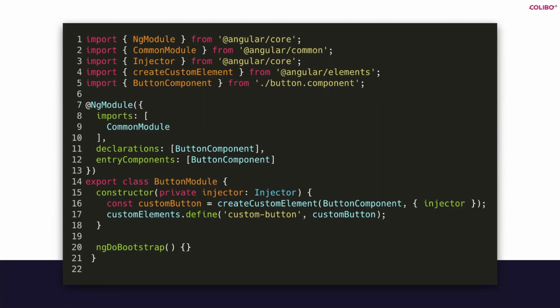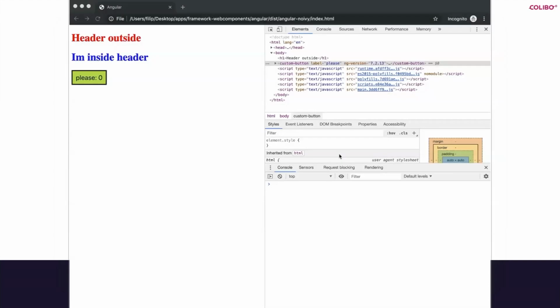That's due to how Angular dependency injection works. If you really want to, we can talk about that later, but that's kind of a boring topic if you ask me. And then that returns a custom element base class that we can then call customElements.define with, using whatever name we want to give it. Then we have to override the ngDoBootstrap method to be empty, and that's more or less everything, and it works right out of the box.